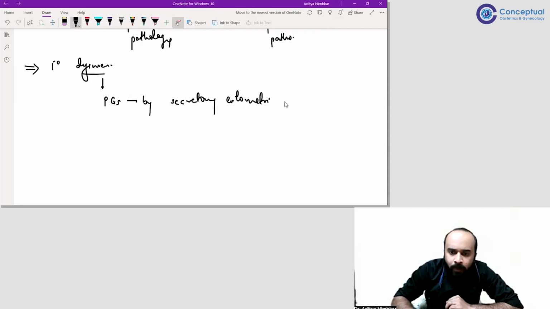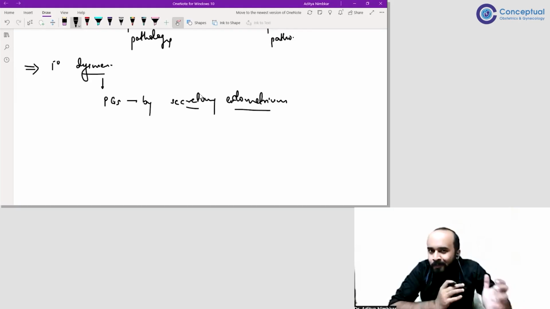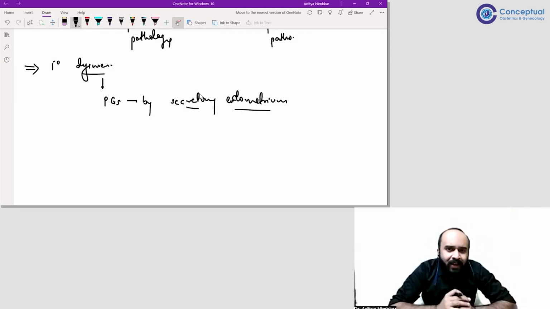Here we have to pay a lot of attention to these two words, secretory endometrium. Prostaglandins are being secreted by secretory endometrium. What is secretory? Secretory is that endometrium on which progesterone has already acted. So the endometrium on which progesterone has acted is the secretory endometrium. Whereas the presence of endometrium is one of the causes why that pain is occurring.